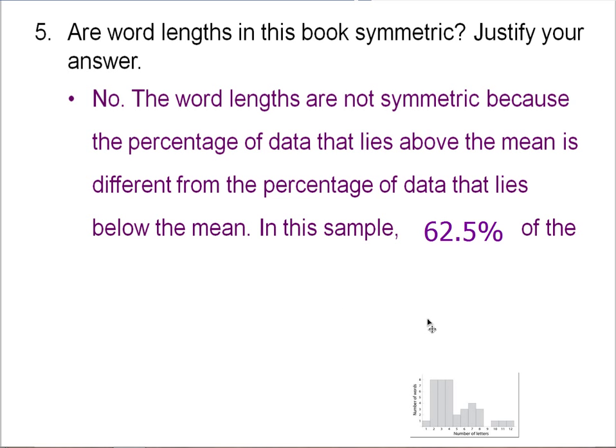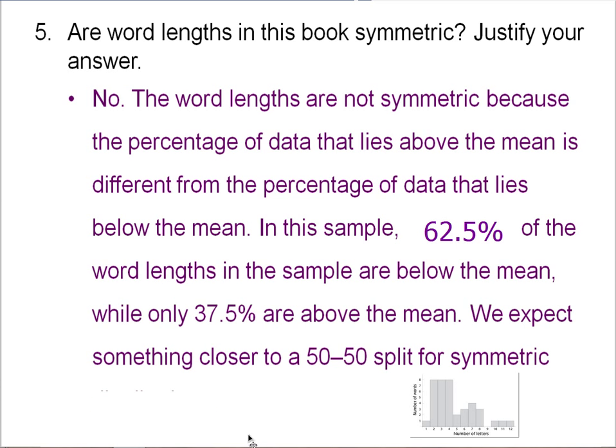The word lengths aren't symmetric because the percentage of words that are above the mean, remember the mean was 4.65, is different from the percentage of data that is below the mean. So we have more or less, right? It's not even on both sides.